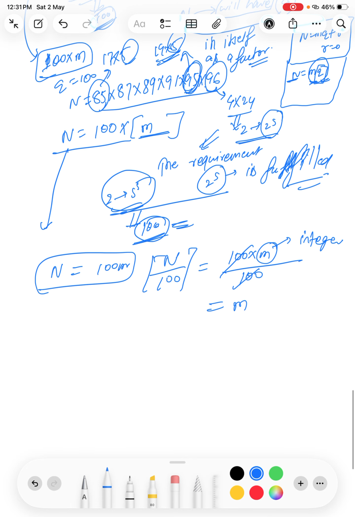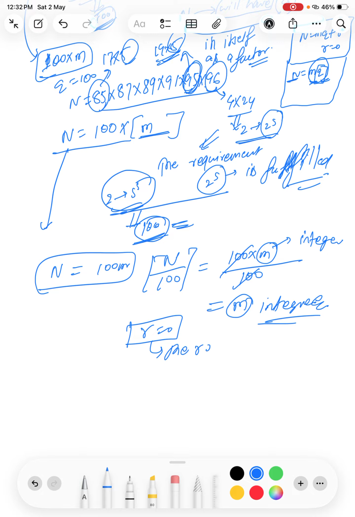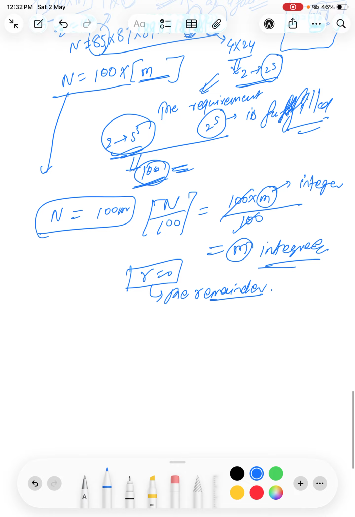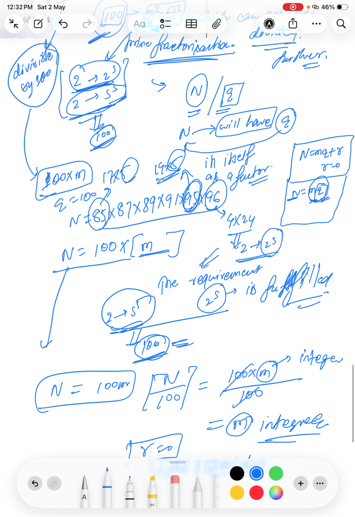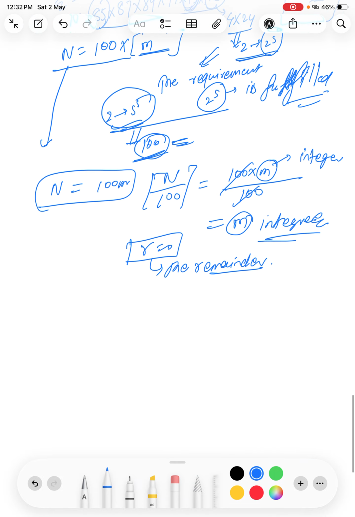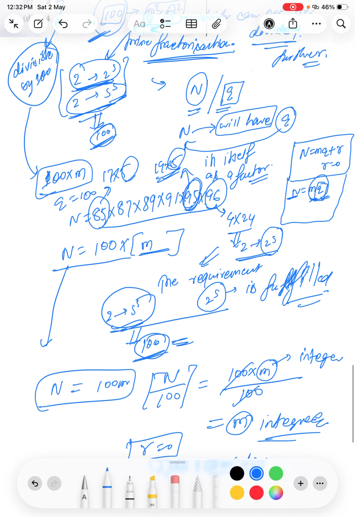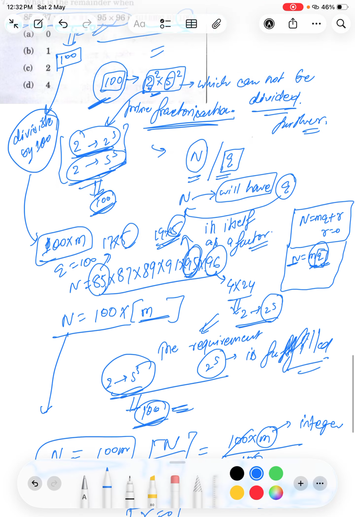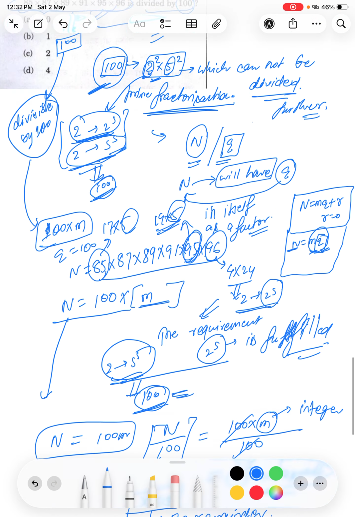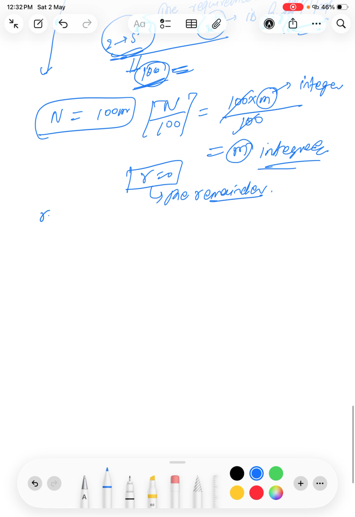This 100 and 100 cancel. So we got M as an integer, and R is 0, the remainder. So this N is completely divisible by 100. It means the remainder is 0.